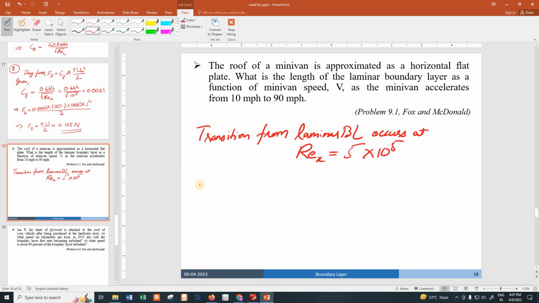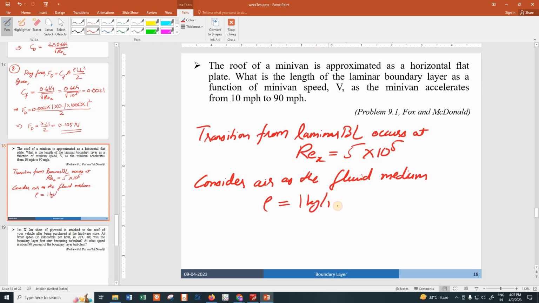If we consider air as the fluid medium, then the density is 1 kg per meter cube and viscosity.